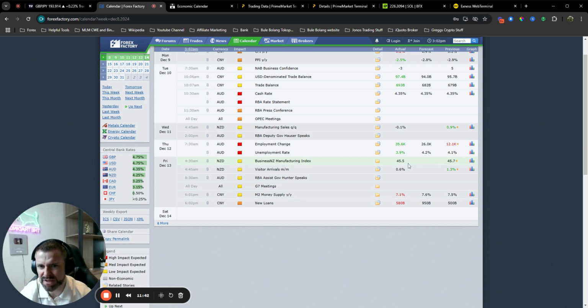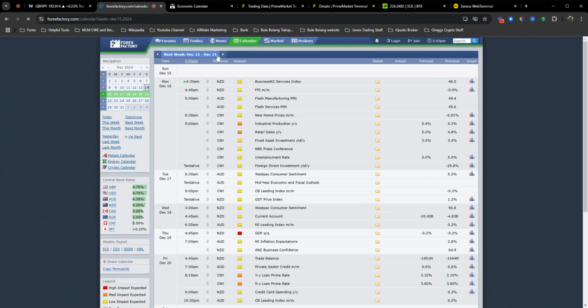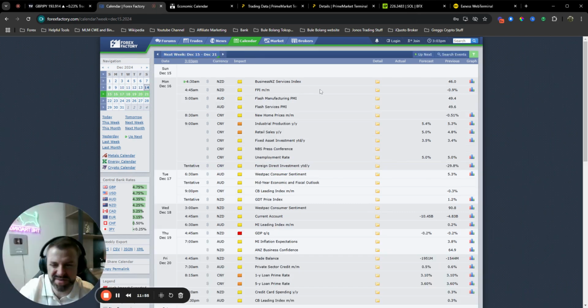So personally, I'm going to keep Oz and NZD at weak, okay? We've seen better employment numbers, but that's not enough to say the whole economy is great because it's just shitty little Christmas jobs. They'll all be binned in January.